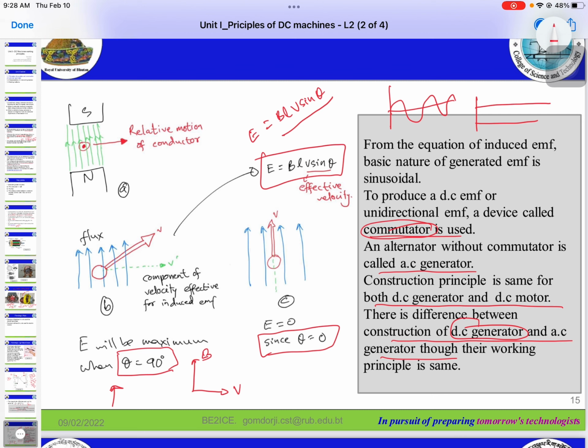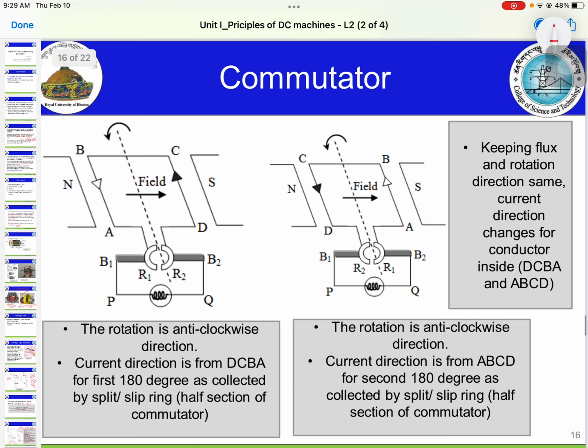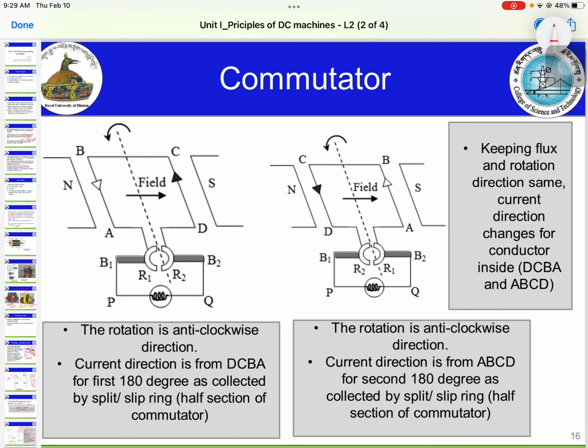You will find the commutator in the DC generator, whereas in the AC generator we will not see that, because the generated EMF is sinusoidal. If it is sinusoidal, then we call it AC, right? But in DC machines, our output requirement is unidirectional. Now the function of the commutator, I'll talk about this in the next video.